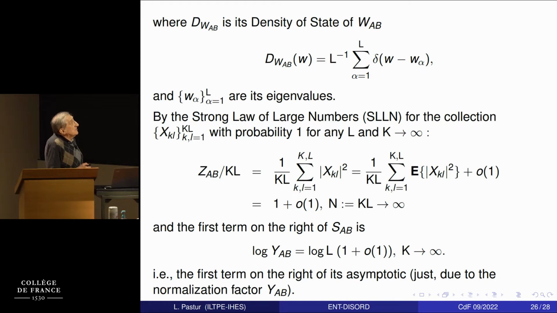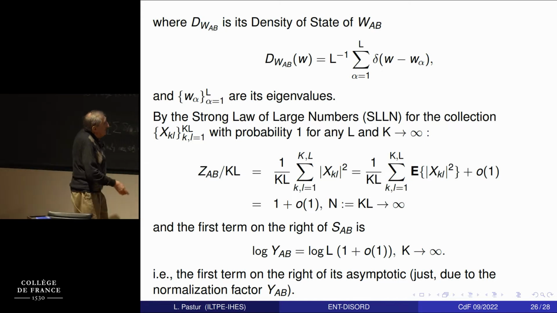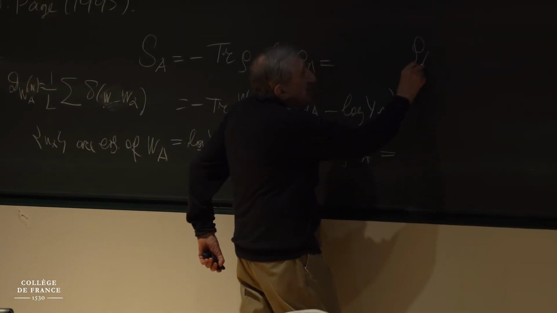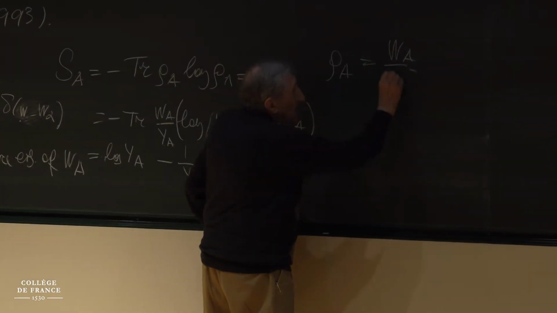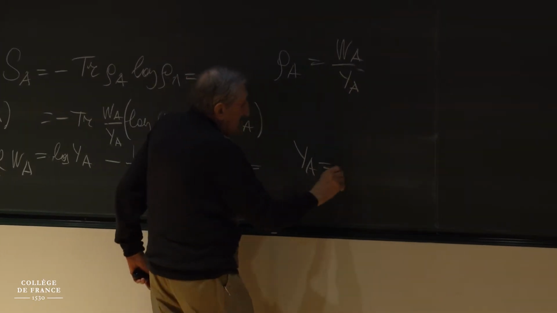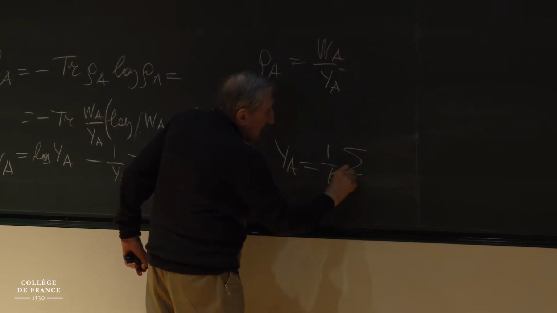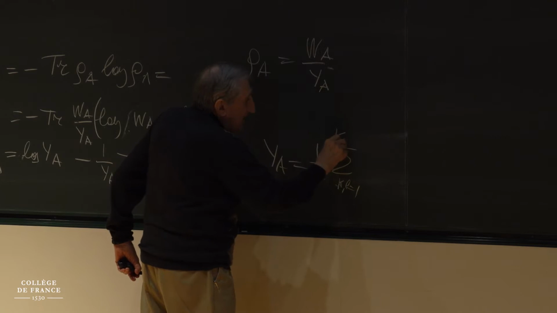Now let's look first at the normalization, for that thing, for Z. Let me write. Rho A is WA over YA, and YA is just 1 over K sum KL1 KL.